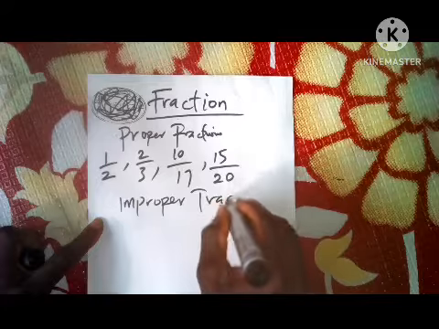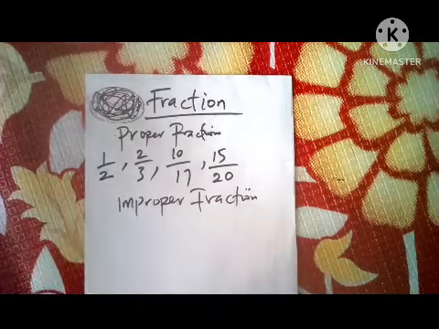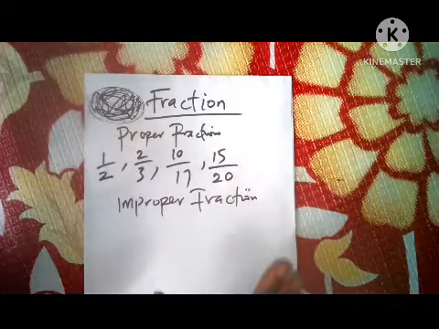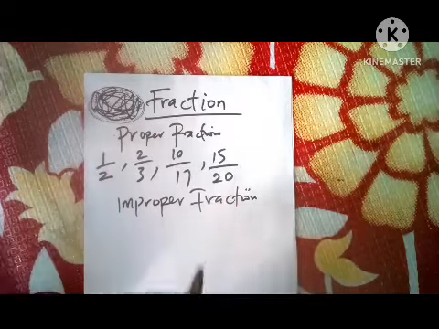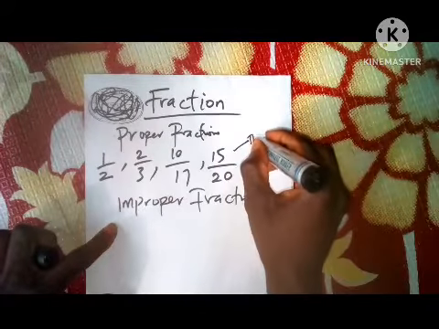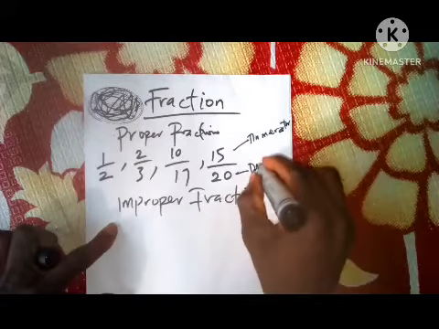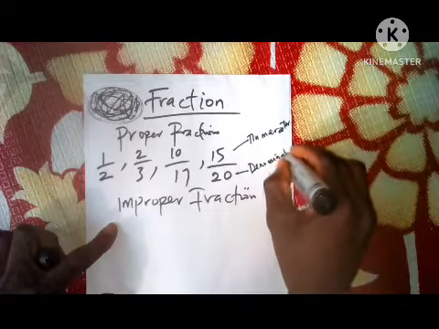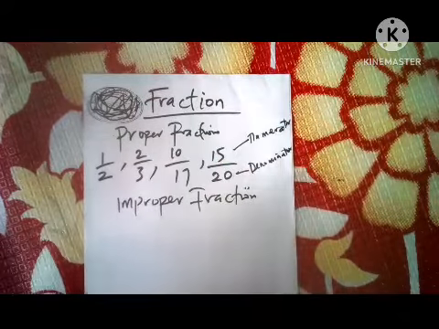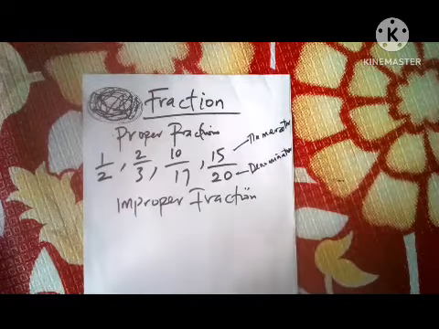Then we have the next one, improper fraction. It is a fraction whose numerator is bigger than the denominator. Take note, the numerator is the number on top, and this is the denominator.